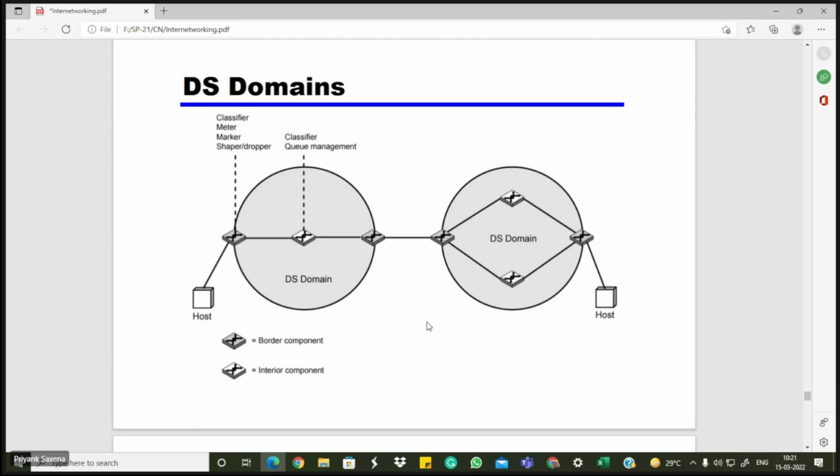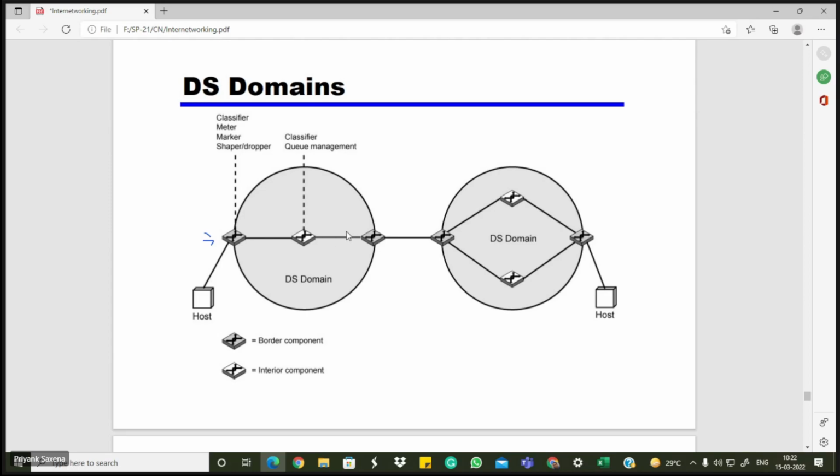A customer may be a user organization or another DS domain. So it may generally happen that a packet will leave another DS domain and enter this DS domain, right? For every DS domain, the set of policies may be different.